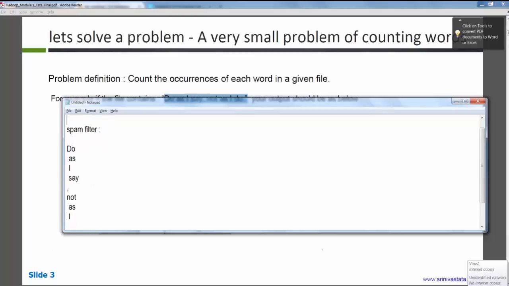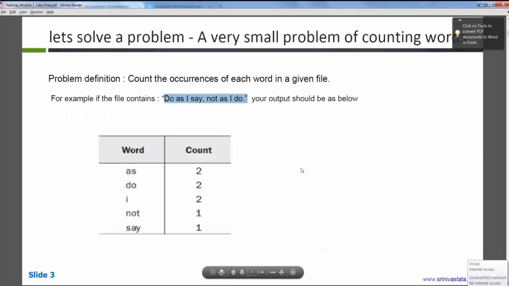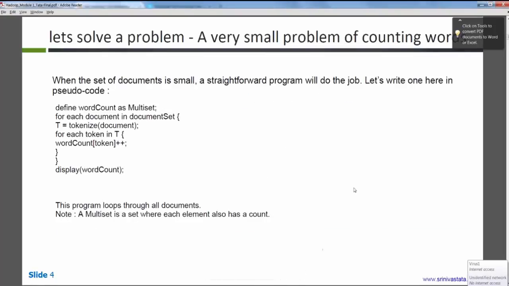And multiset means "do", then the count will come. A multiset is a data structure where the count follows the word. It is a set where each element also has a count. If you say an array is a data structure, right?